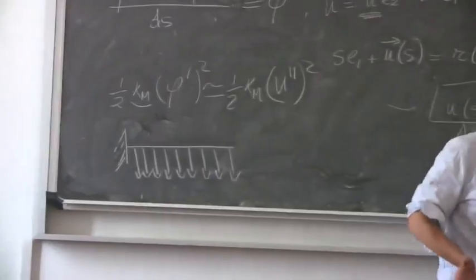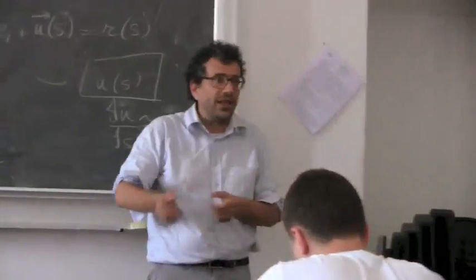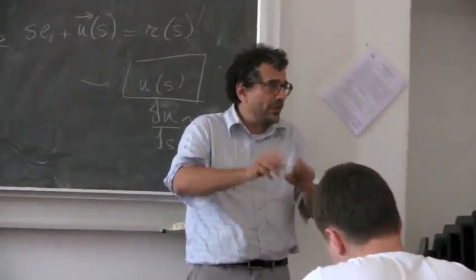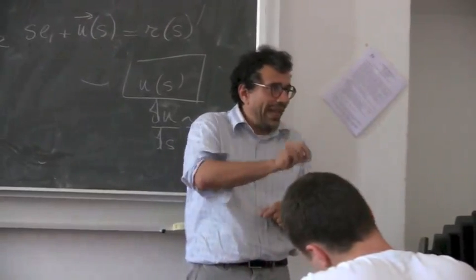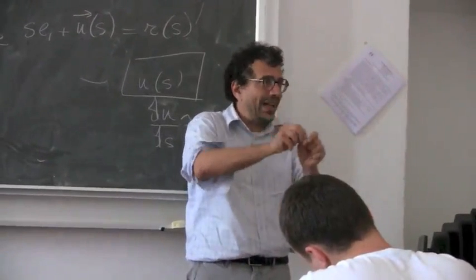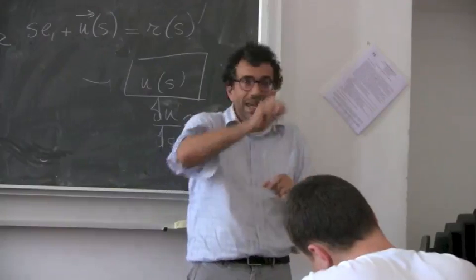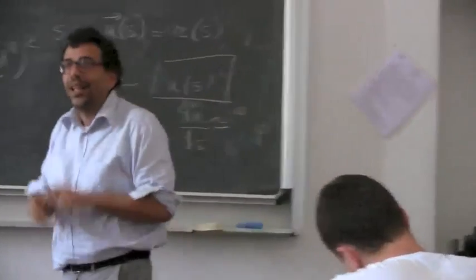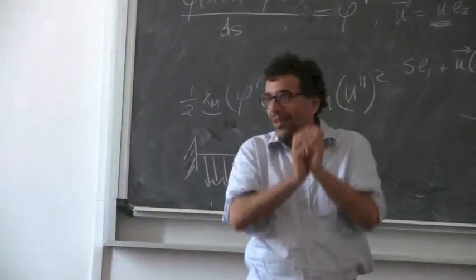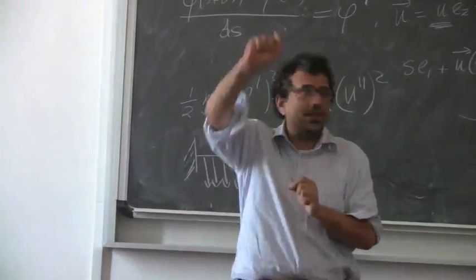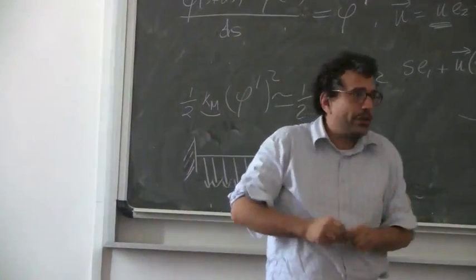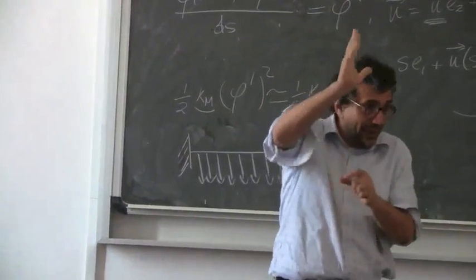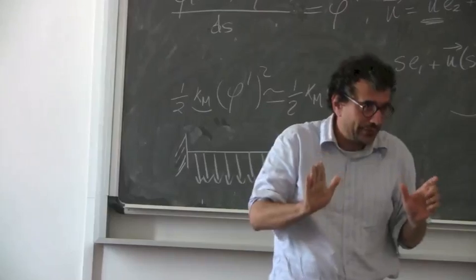Okay, I hope that you know that potential energy of a constant force is force times displacement. You remember, mgh, I think. Mg is the gravitational force, and h is the displacement along the vertical from a given point.